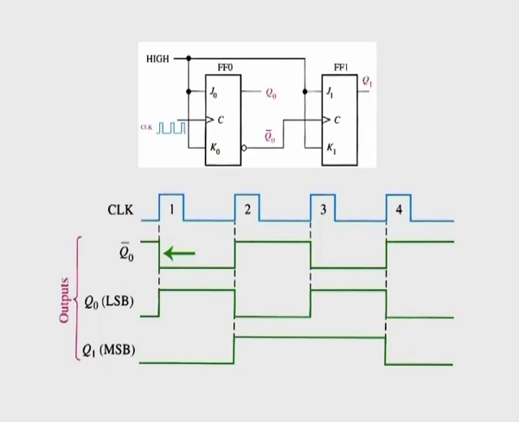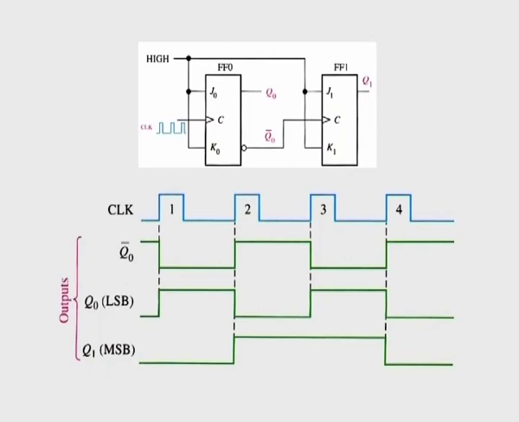After the leading edge of clock 1, Q0 is equal to 1 and Q1 is equal to 0. The positive going edge of clock 2 causes Q0 to go low. Output Q0 bar goes high and triggers flip-flop 1, causing Q1 to go high. After the leading edge of clock 2, Q0 is equal to 0 and Q1 is equal to 1.